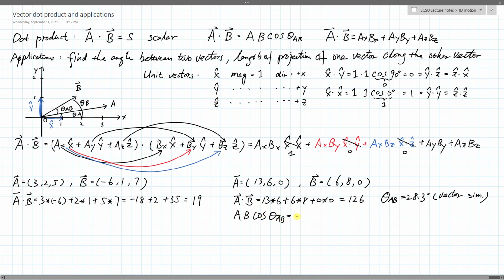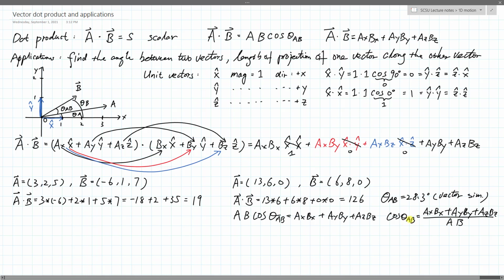That's also equal to AX BX plus AY BY plus AZ BZ. If we divide out the magnitudes, we get cosine of the angle equals AX BX plus AY BY plus AZ BZ, divided by the magnitudes of A and B multiplied together. Once we have the cosine, we can just take the inverse cosine and get the angle.